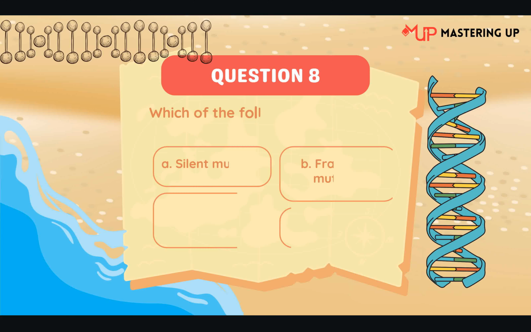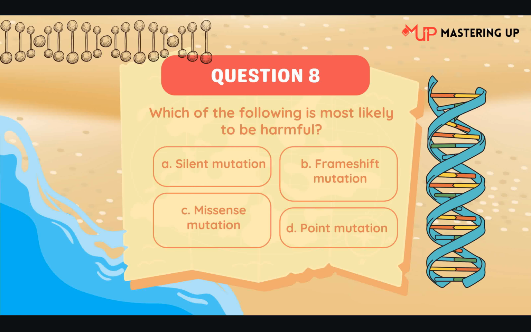Now let's move on to question 8. Which of the mutations is most likely to be harmful? Option A, silent mutation. Option B, frameshift mutation. Option C, missense mutation. Option D, point mutation.